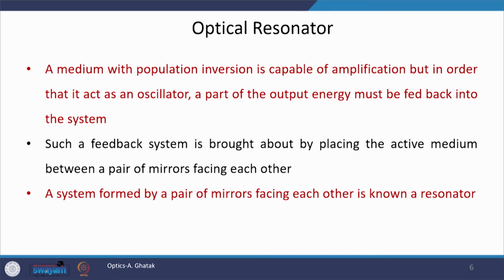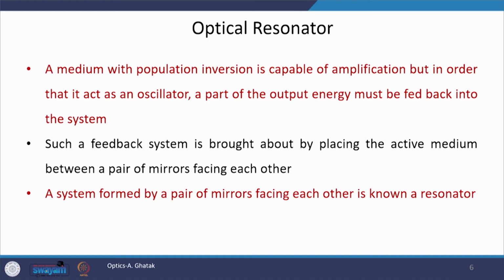Now, coming back to the optical resonator, as you know, it provides feedback to the system. A medium with a population inversion is capable of amplification, but in order that it acts as an oscillator, a part of the output energy must be fed back into the system.